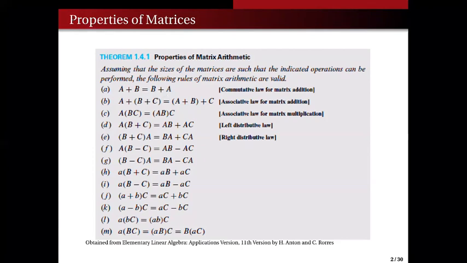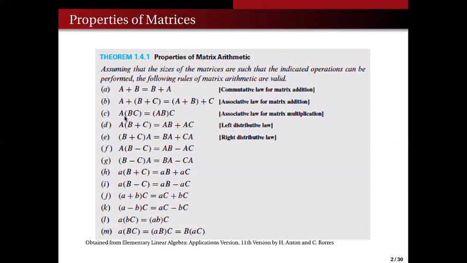Before I enumerate some or all of these properties, let me just remind you that these properties work provided that the operations work. For example, if you add two matrices, you are assuming that they have the same sizes.